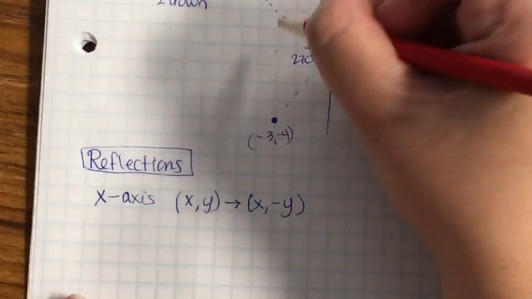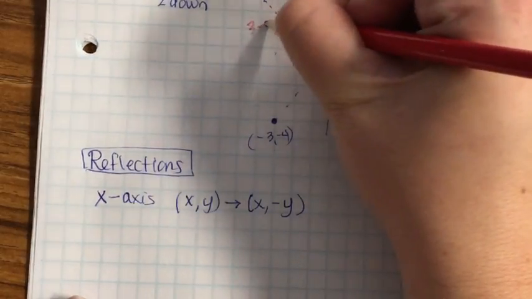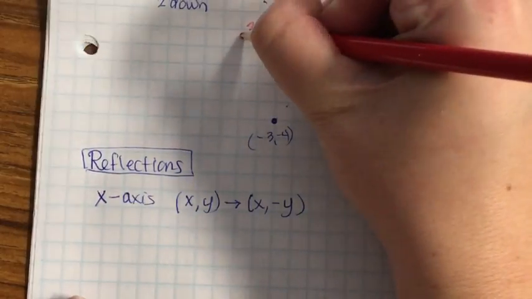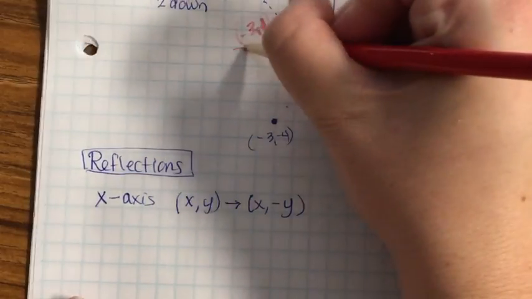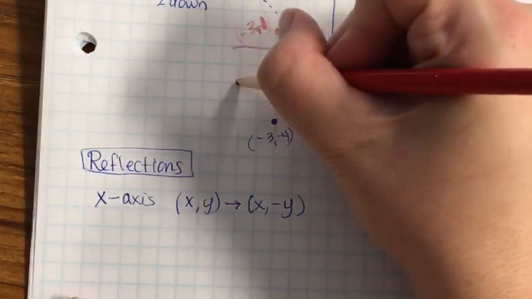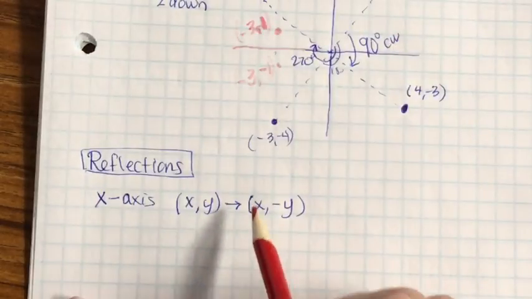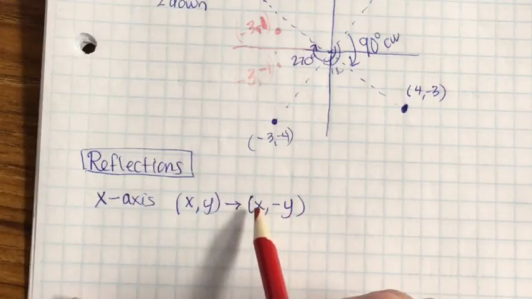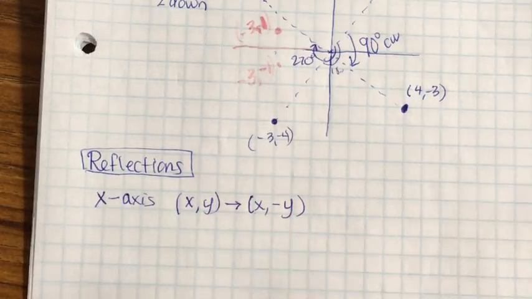If I had this point right here, that's the point negative 3, 1. And I reflected it across the x-axis. Notice it's still back at negative 3, but now it's negative 1. Do you see what I'm saying? So x-axis means the x stays the same and the y goes opposite.